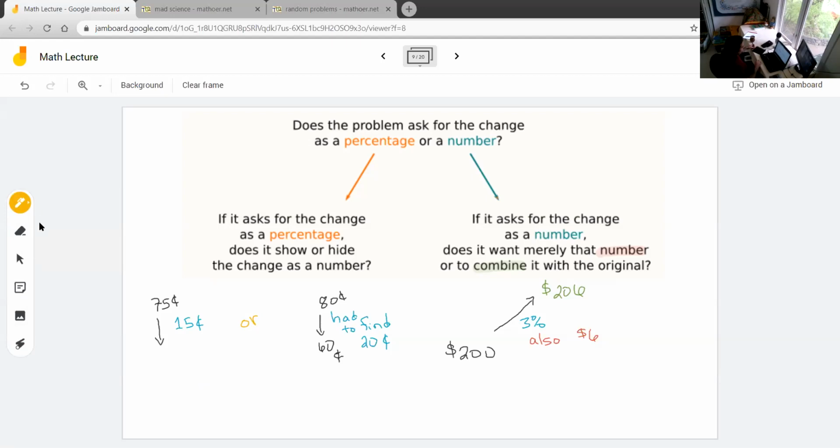Okay, let's go over this again. Sometimes they give you an amount of a change and they say, please write that as a percent. In that case, there's two things that happen. Maybe they're nice and they show you the number, or maybe they're not nice and they hide the number and you have to find what it is.